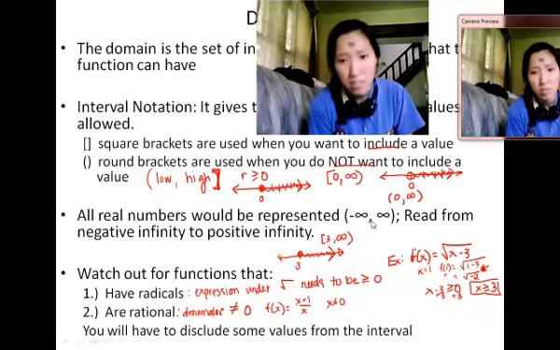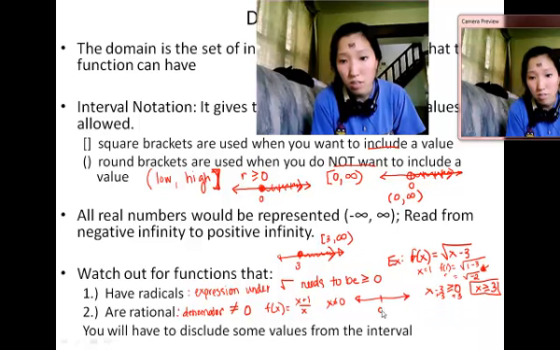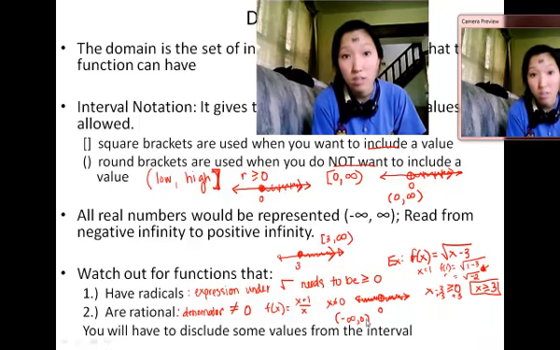Now how are we going to indicate this in our interval notation? Well, on the number line, this is what it would look like. We would have 0 here, and I'm going to put a dot, but it could be all of these values and all of these values. So from negative infinity up until 0, that's one stretch. I am going to put a round parenthesis because I do not want to include that 0.